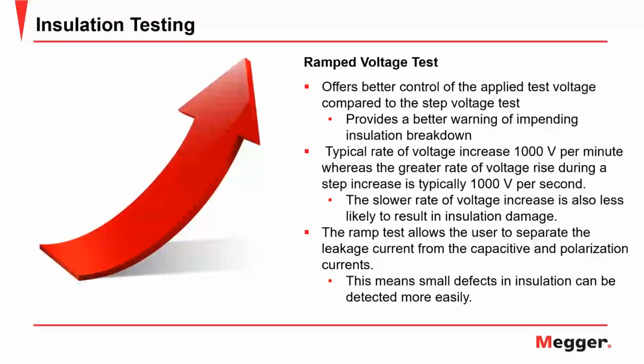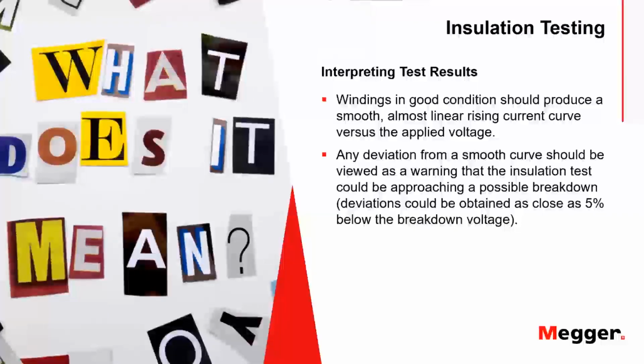Okay, so I think I pretty much covered this. That basically compares what you see with your step voltage versus your ramp voltage. Okay, next. And so what we're looking for then is a smooth curve.